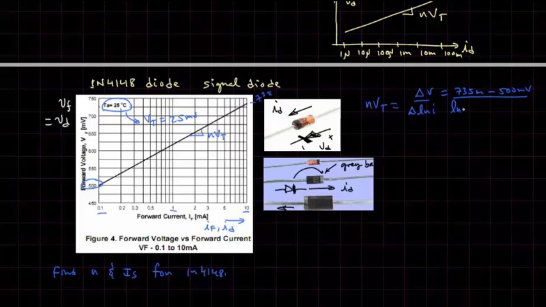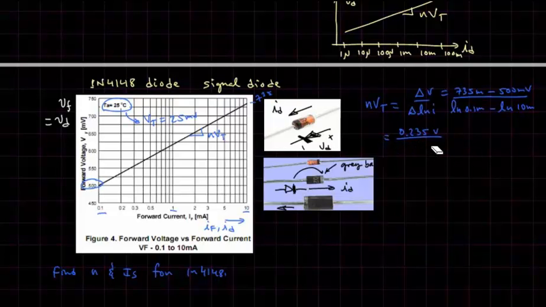So we'll have the log of 0.1 milli minus the log of 10 milli. We can rewrite that as 0.235 volts divided by the natural log of 0.1.